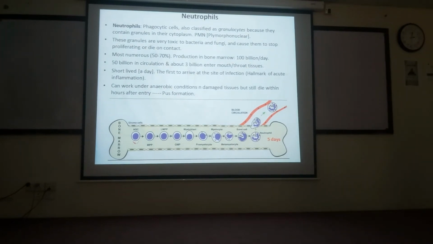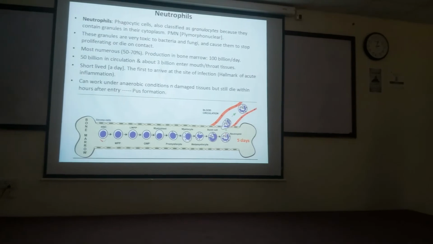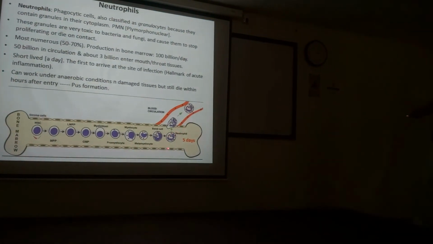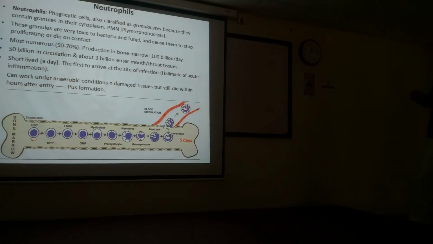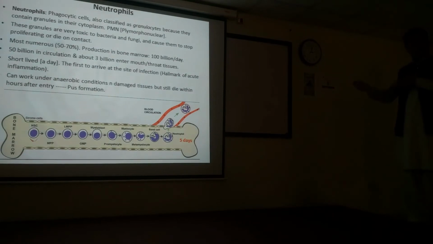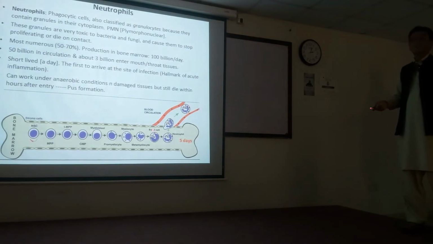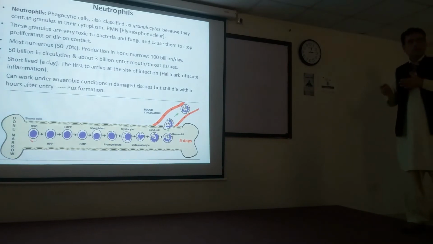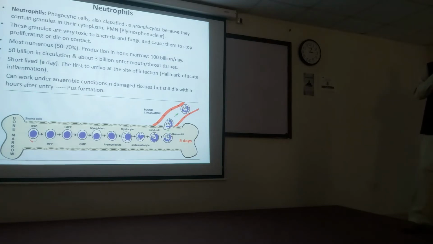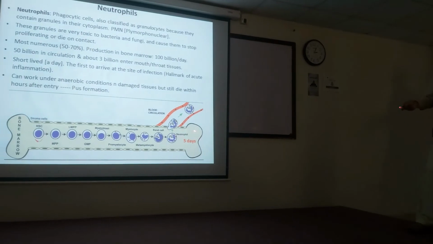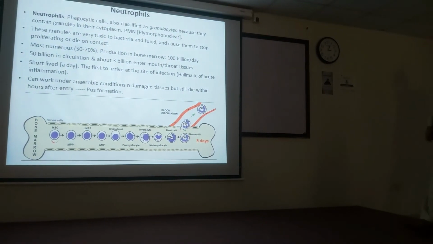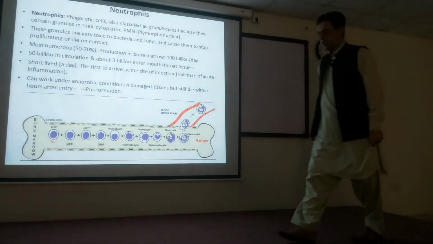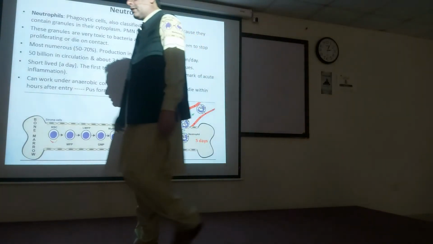These neutrophils have to stay here for some time, okay? So inside the bone marrow, the neutrophils would stay for 5 days, and then these neutrophils are just transported into the blood circulation. When they come out into the blood circulation, then the lifespan of the neutrophil is defined, that they are not going to live for longer periods of time. But here inside the bone marrow, they would stay for 5 days.